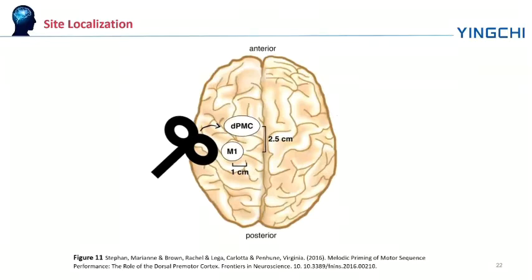When it comes to TMS assessment, the localization of the site is really important. Some operators can easily find the frequently used sites, but for some other sites, if you just rely on your experience, it may not be that accurate.